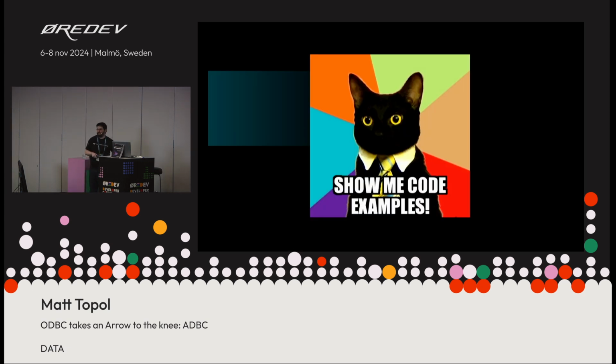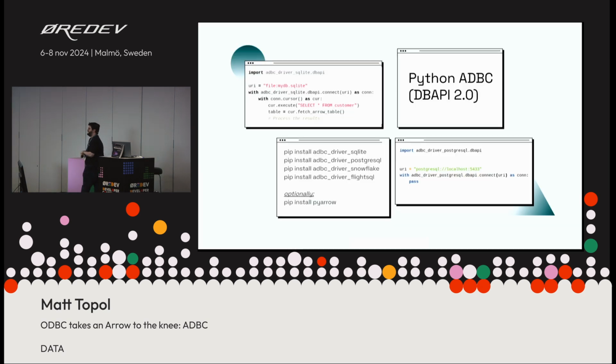So, how can you actually use it? Let's look at some code, because I've told you all great things about it. How easy is it to use? Well, it's pretty simple. If you want to use it from Python, you can just pip install adbc-driver-snowflake, adbc-driver-sqlite, adbc-driver-postgresql, and so on, and we implement a high-level DB API interface.